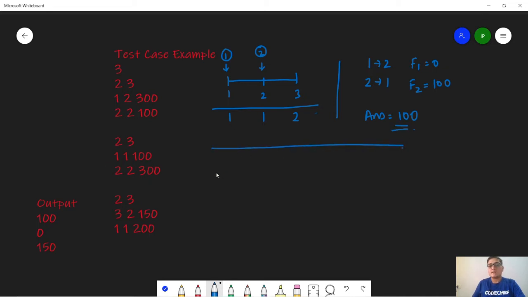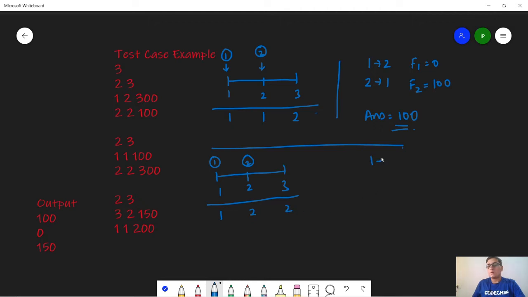In the second test case, the training camp is again going to happen for 3 days, 1, 2 and 3. Trainer 1 will arrive on day 1, trainer 2 will arrive on day 2. We will have trainer 1 take the lecture on day 1, and trainer 2 will take the lecture on days 2 and 3.